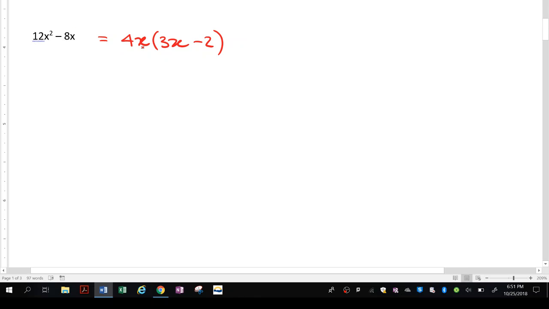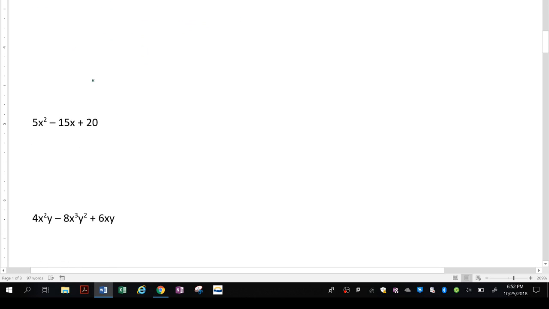So we can say 4x times 3x minus 2 is equal to 12x squared minus 8x. And again, if we distribute this, here we get 12x squared minus 8x. We get back the polynomial that we started with.